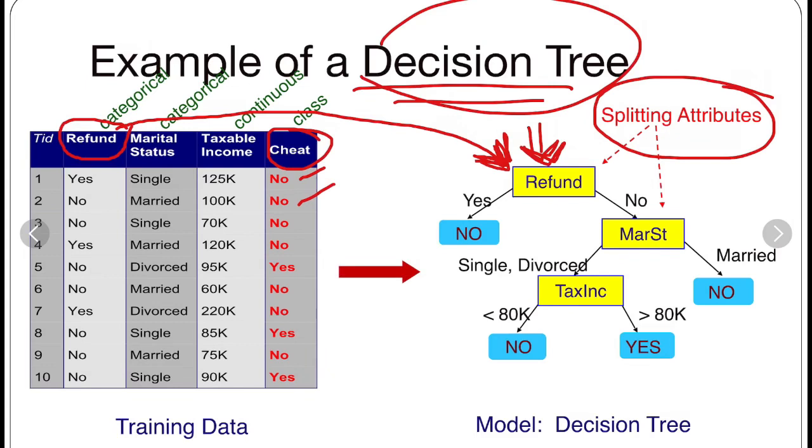For TID 1, 4 and 7, if the refund is yes, then cheat will always be no. Correct?